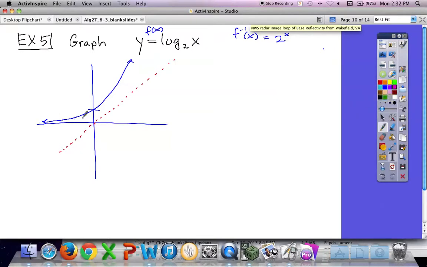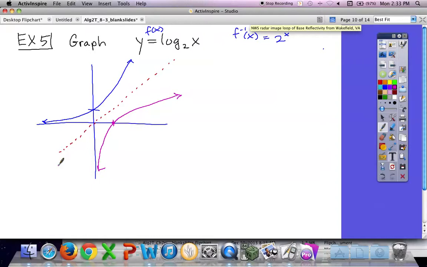So whereas the exponential graph had an asymptote on the x-axis, the logarithm has an asymptote on the y-axis. And where this one had a y-intercept of 1, this one has an x-intercept of 1. So it looks something like that. It should just look like a mirror image, from this side to this side. And this is the line of symmetry right there.